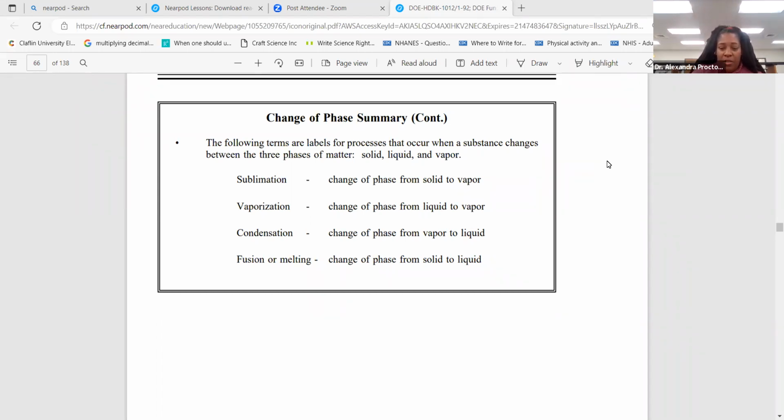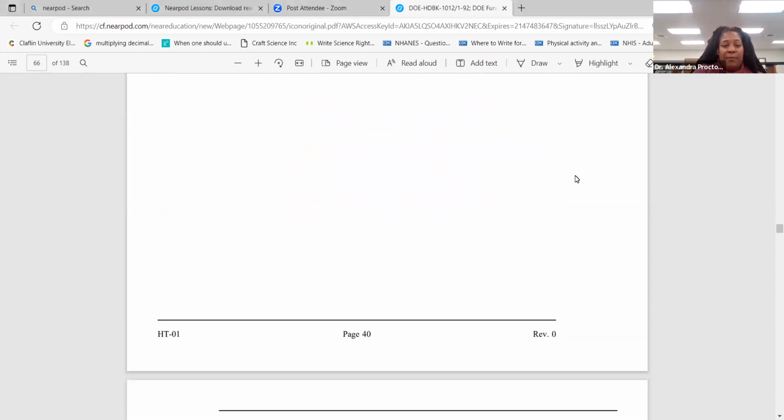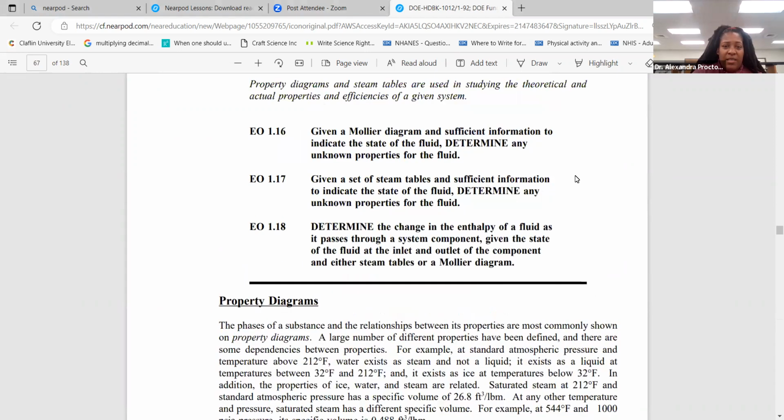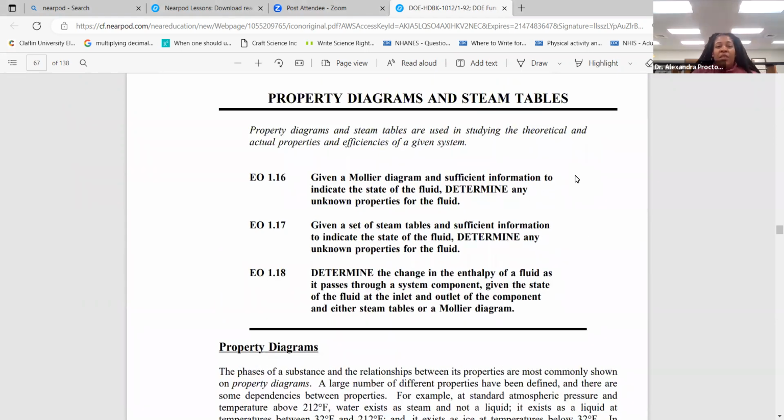So once we understood those phases, that brings us to the next topic, which is the property diagrams and steam tables. These properties are used in studying the theoretical and actual properties and efficiencies of a given system.